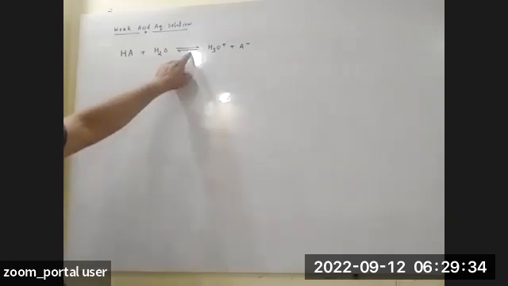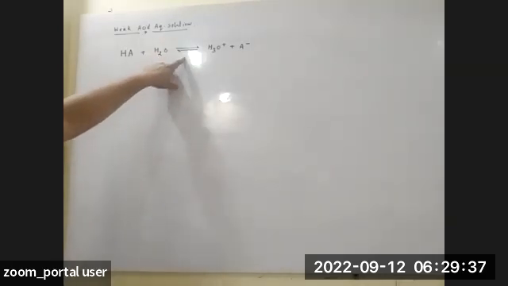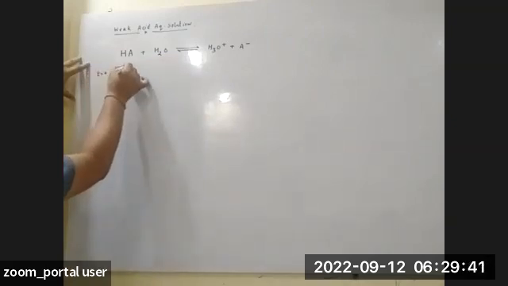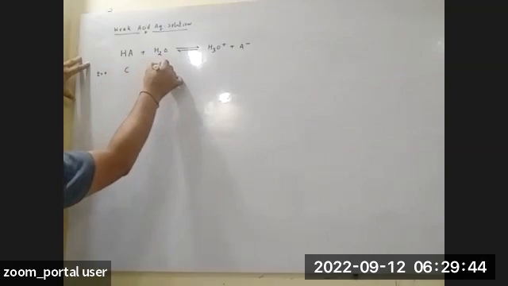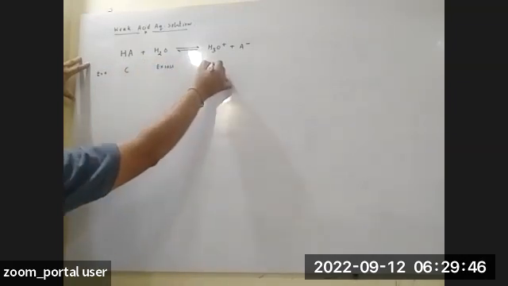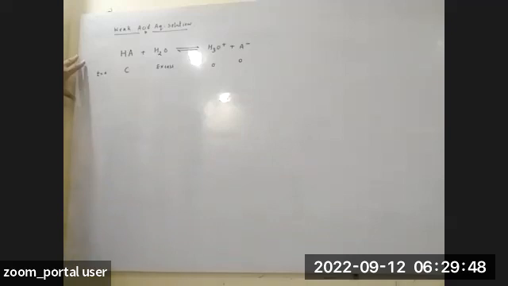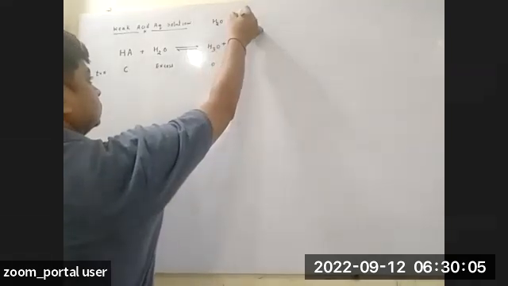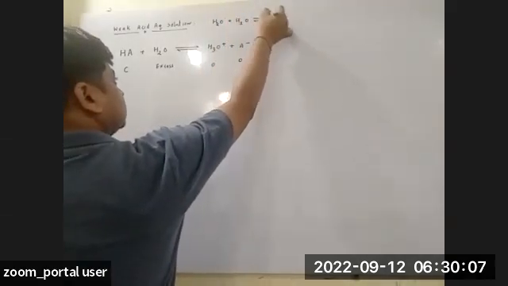Because it is a weak acid, it will be in equilibrium. Now at T equal to 0, let's say C, water is in excess, 0 and 0. Is there any other equilibrium in this case? This equilibrium of water always exists, yes or no?